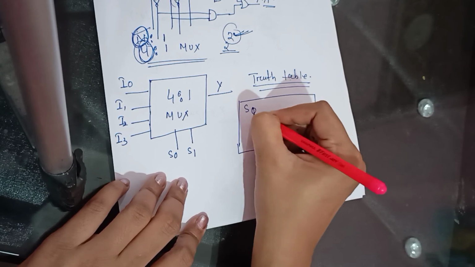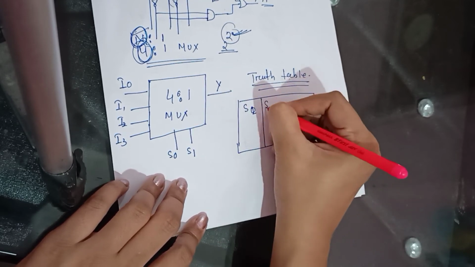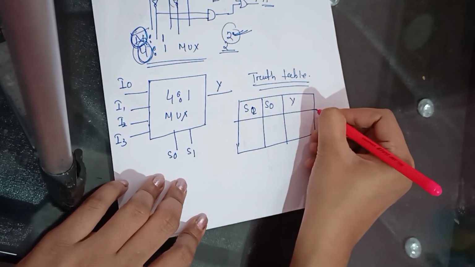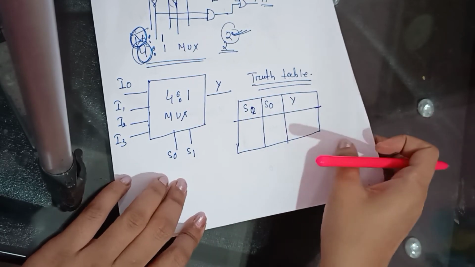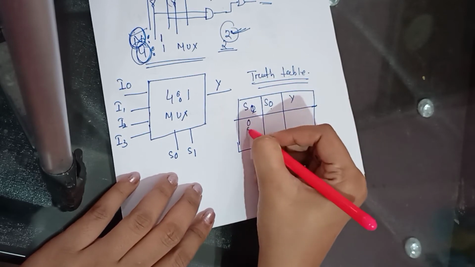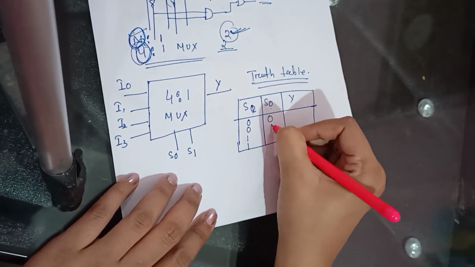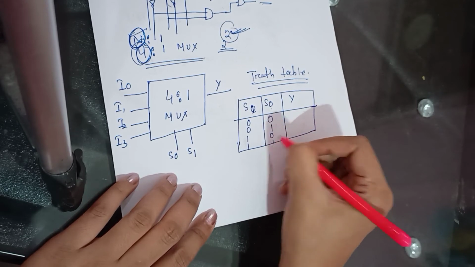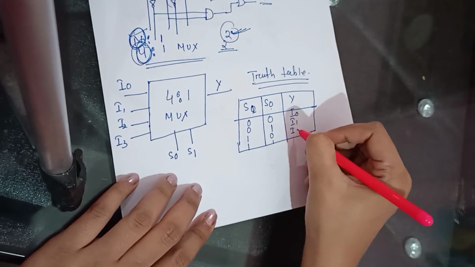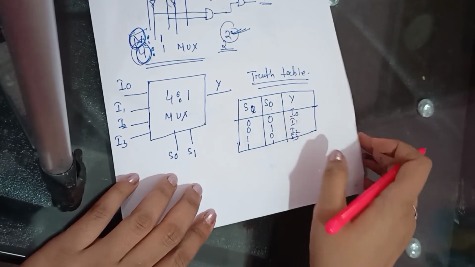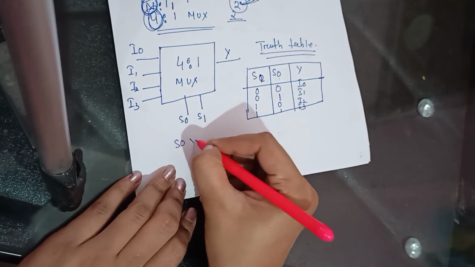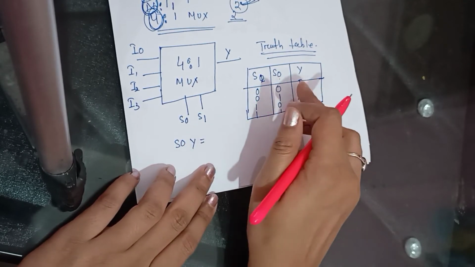S1, S0, Y. Then 0, 0, 1, 1, 0, 1, 0, 1. This is I0, I1, I2, I3. Then what is your output?